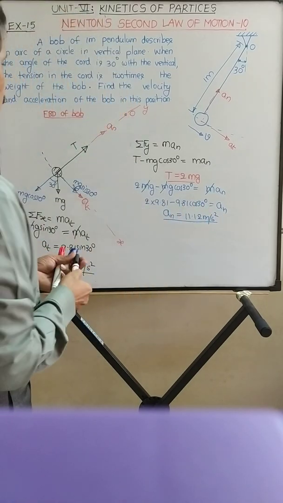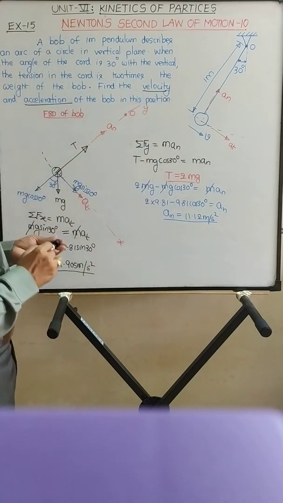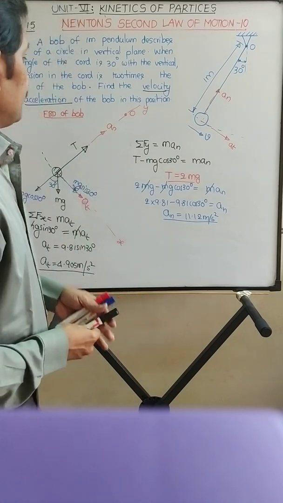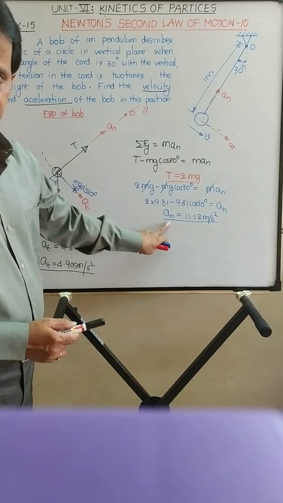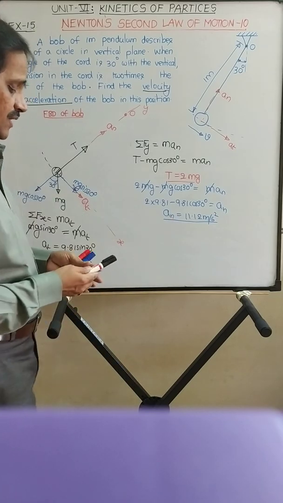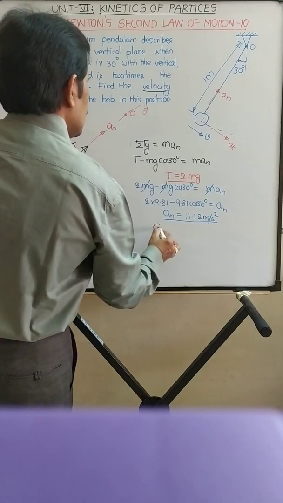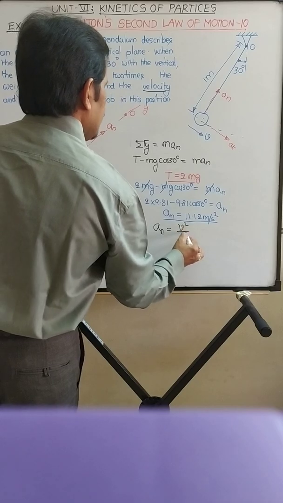Now we have to find out the velocity and acceleration of the ball, the resultant velocity and resultant acceleration. For the resultant acceleration we have a_t and a_n, from which we can find the acceleration. To find the velocity we can make use of the normal component. So the normal component of acceleration a_n is equal to v square by rho.